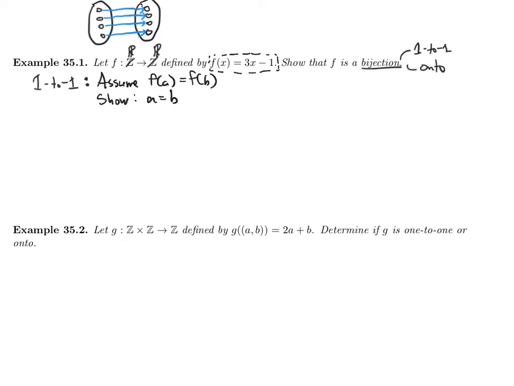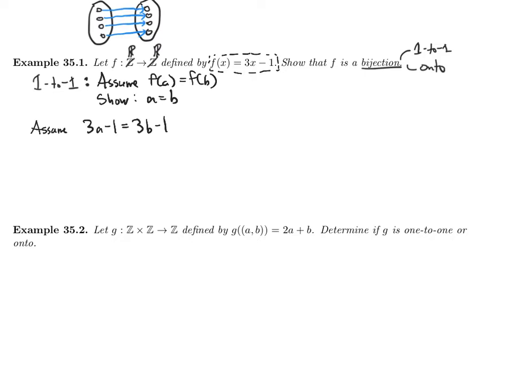And we know something about f at x here. So let's go ahead and do this. All right. So we're going to assume that 3a minus 1 equals 3b minus 1. And we need to show that if that's the case, a does indeed equal b.